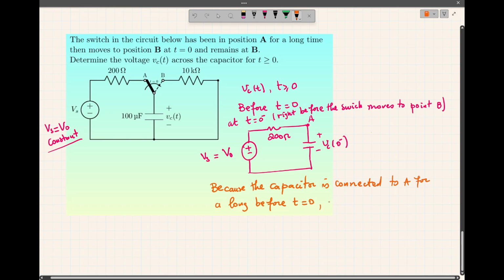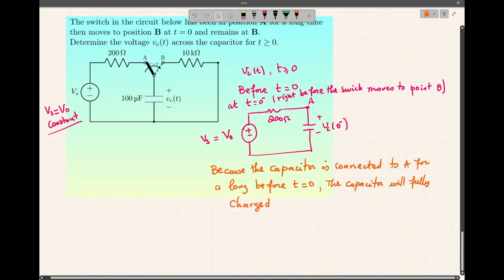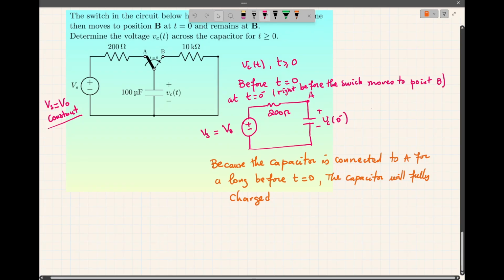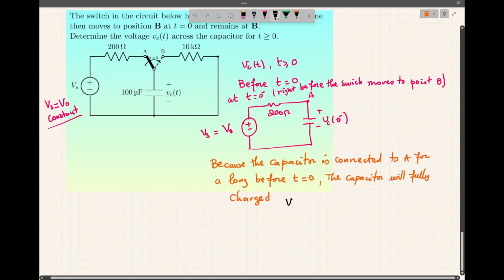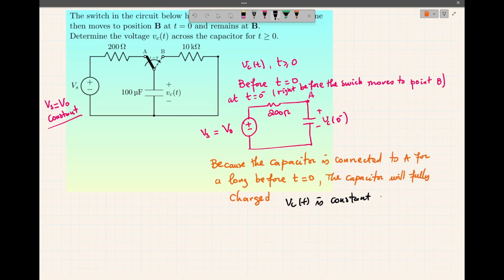the capacitor will be fully charged. If you haven't watched the first video, I highly recommend that you watch that video as well. When the capacitor is fully charged, Vc of t is constant. We justified this in that first video.